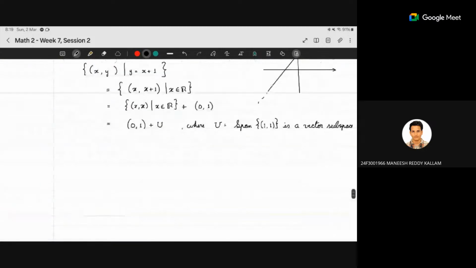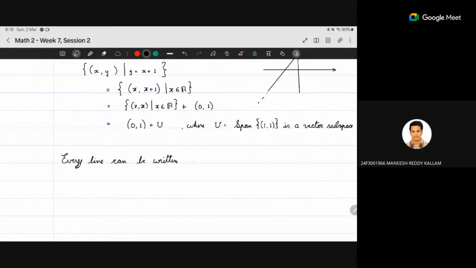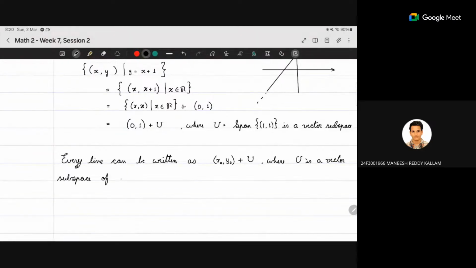So can you see that every line can be written as, let's say in R2 itself for the time being, where U is a vector subspace of dimension 1.